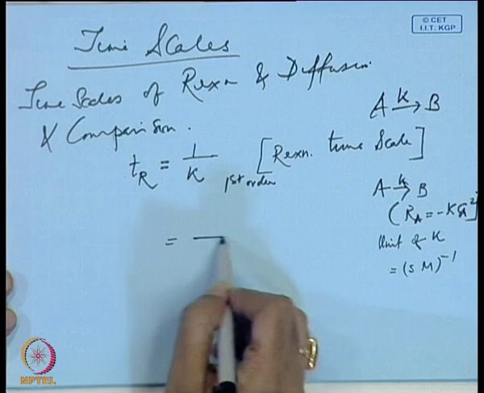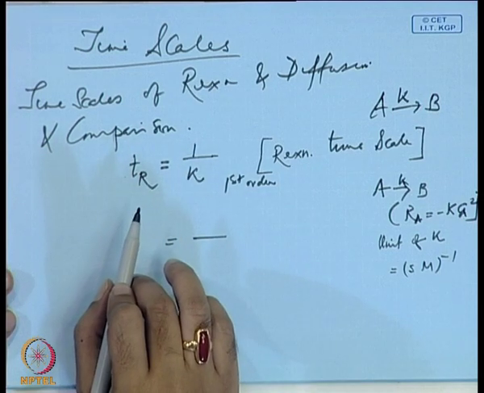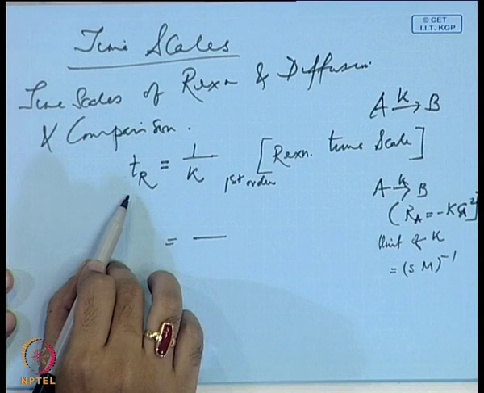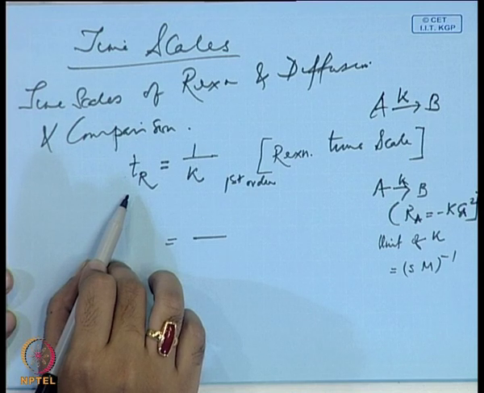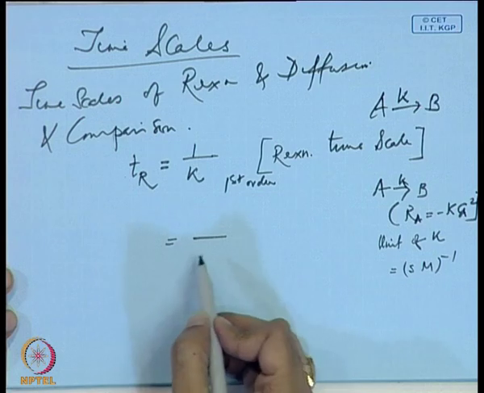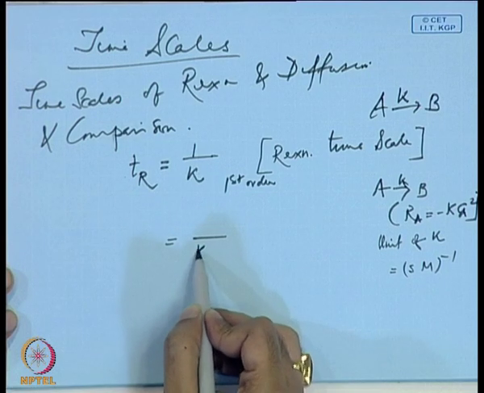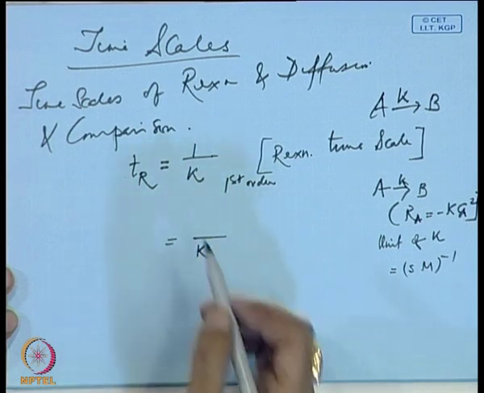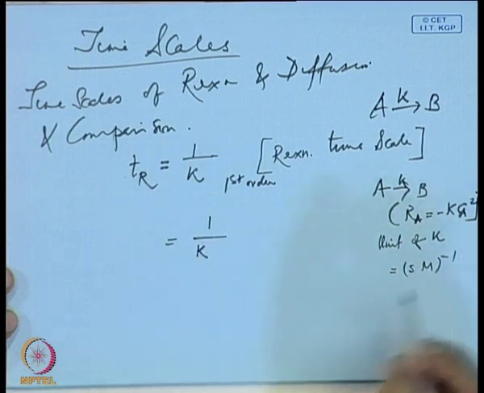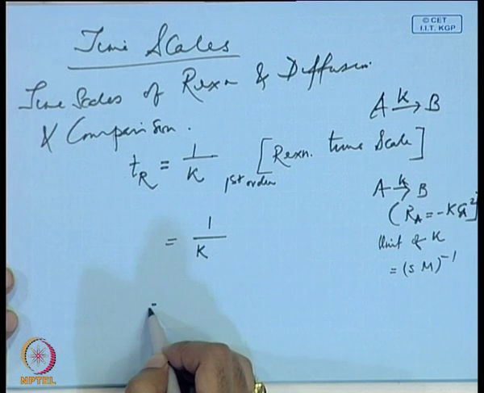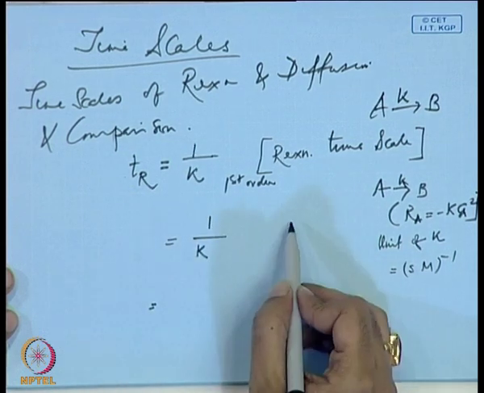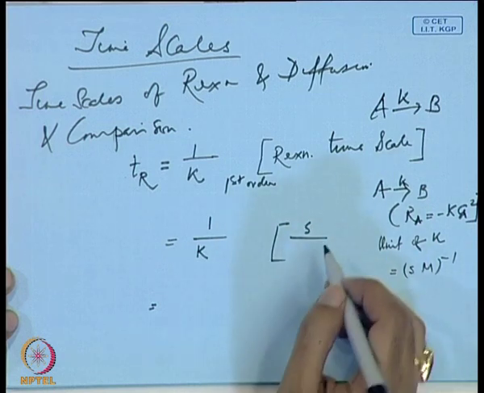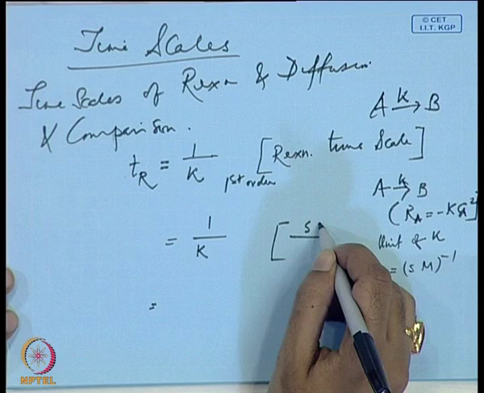So, basically, one of the things you have figured out is that when you try to figure out what the reaction time is, the rate constant should be a part of it. Okay. So, if this is K, the unit becomes second times molar, right.